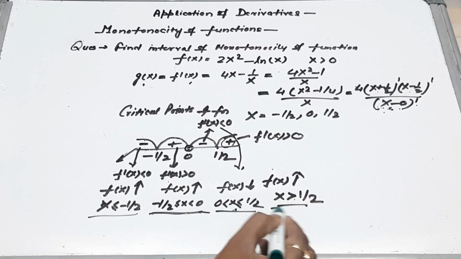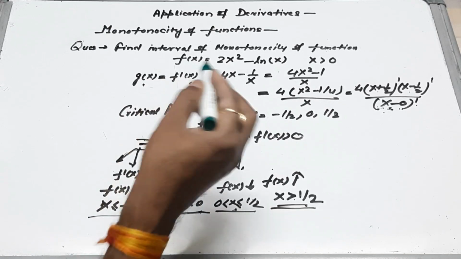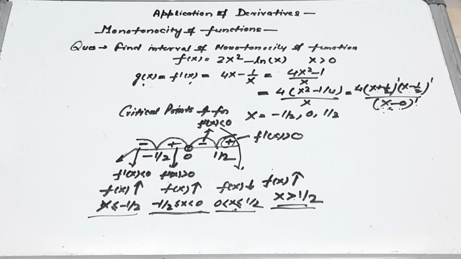I have found 4 intervals where the monotonicity of the function alternately changes. Somewhere it is increasing, somewhere it is decreasing. That way we can analyze the monotonicity of the function.